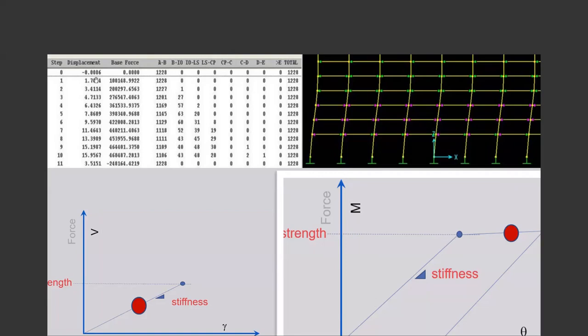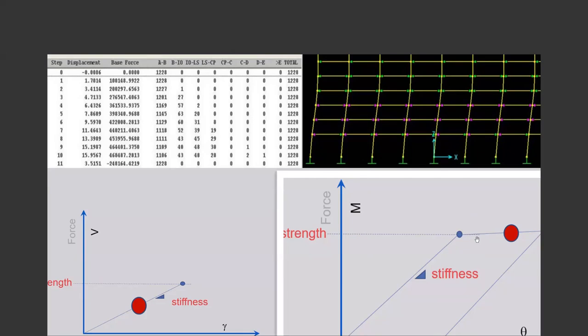But as the steps increase, as the building is pushed more into the inelastic range, we can see that now we pass from B to I. We have some between B to I. We will see later. So some of them are here.